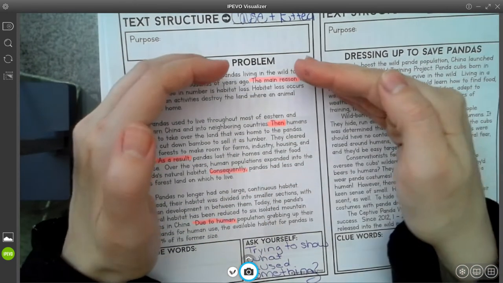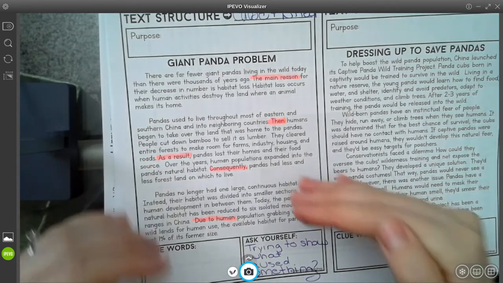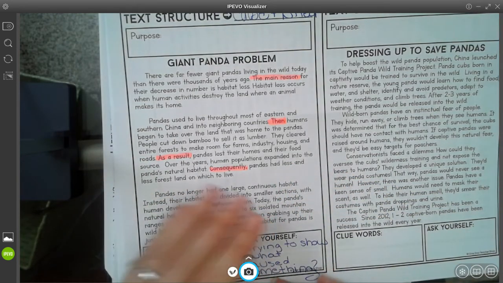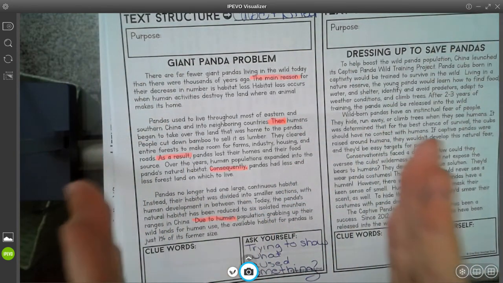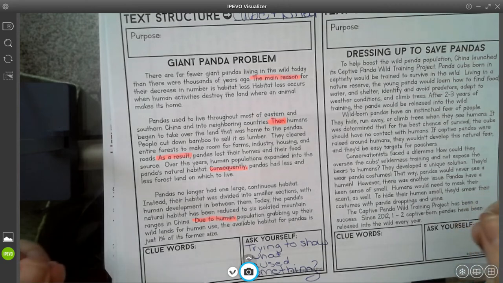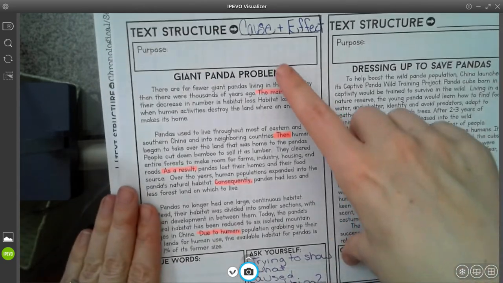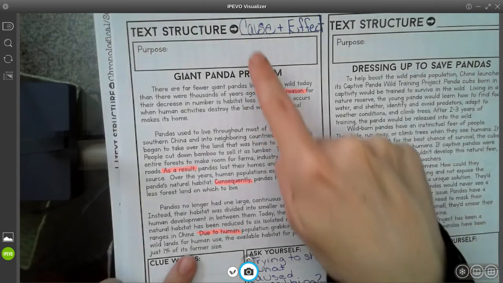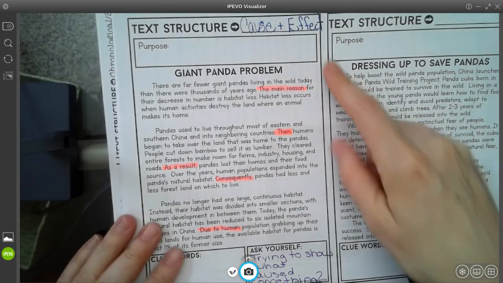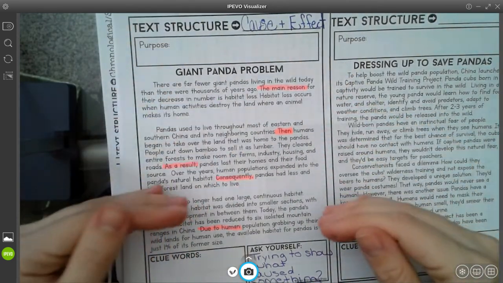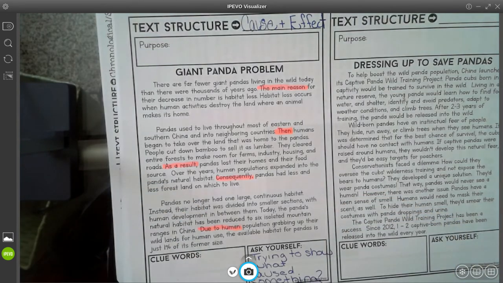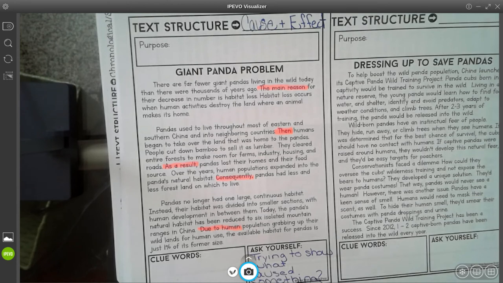But when you notice the continuation of these types of clue words throughout the entirety of the text, then you understand, yes, the structure of this text is cause and effect, because it continued throughout the text to give us causes and effects of circumstances affecting the giant panda.